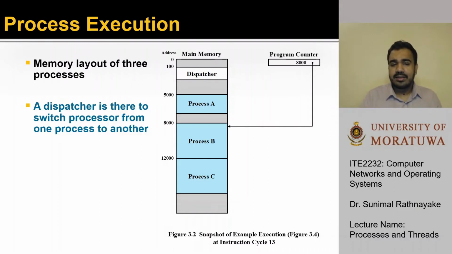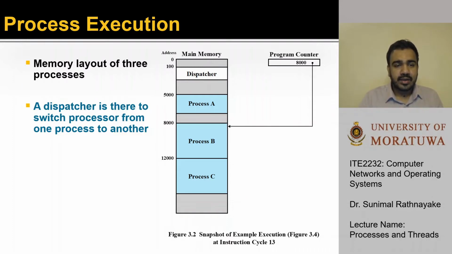Processes A, B, and C could be user processes, and they have starting addresses of 5,000, 8,000, and 12,000 respectively. You can also see the program counter, the register that identifies the next address that needs to be fetched or executed. It's indicating 8,000 in this example snapshot.